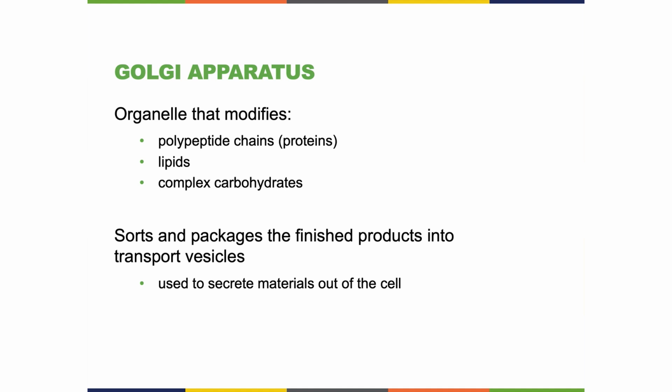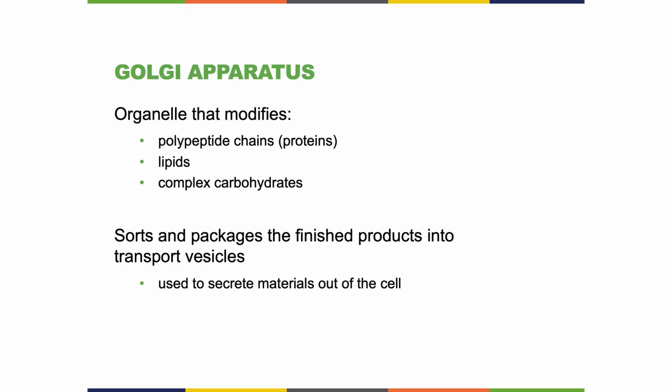Now, sometimes the Golgi will just store things for a while. Other times, it'll put things together, like it might add phospholipids together with proteins. It might add two polypeptide sequences, primary structures of a protein, together to build a secondary or a tertiary structure or a quaternary structure. But the Golgi is sorting and packaging.